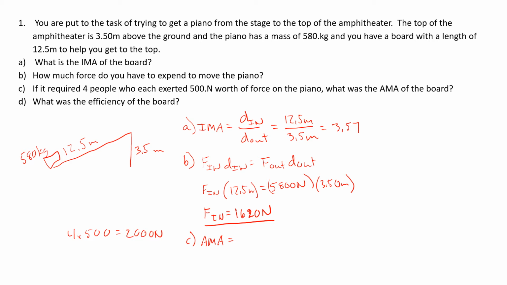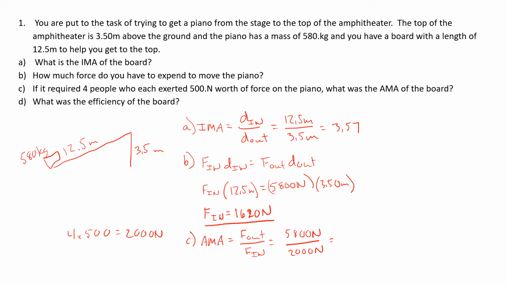So AMA, again, is the output force, what do we get out of it, divided by how much we put into it. So in this case, what we got out of it is we lifted a 5,800 newton object, but it took us 2,000 newtons to do it.